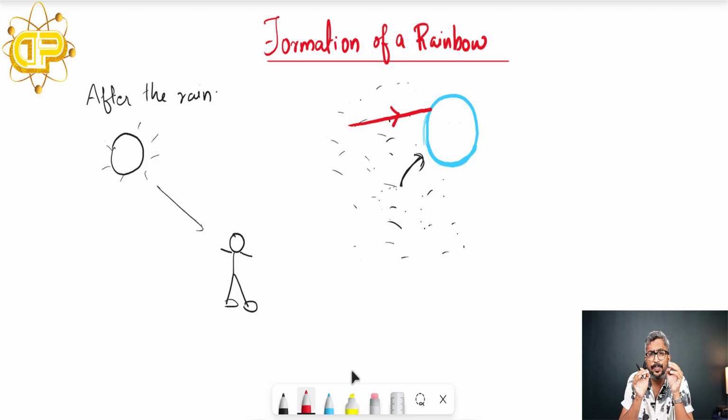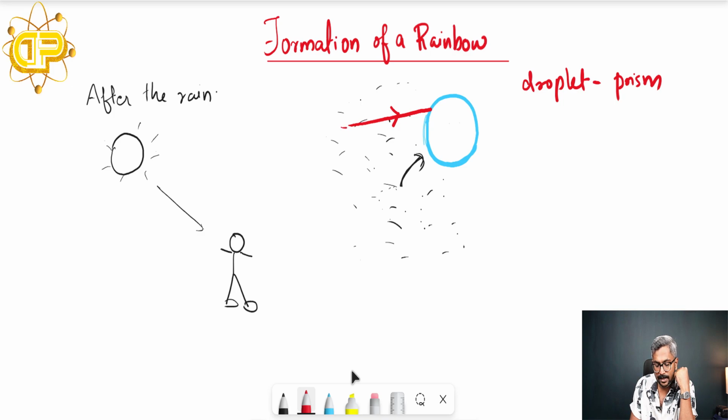Here the specialty is that this droplet will act like the glass prism. So what happens here is that as soon as the white light enters the water droplet, it undergoes a refraction process.